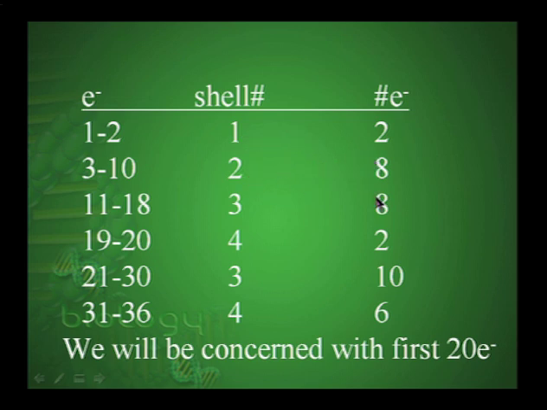The next 8 electrons will fill that inner subshell of the third shell, and then we jump out with 2 to the fourth shell before finishing the rest of that third shell. So we're not generally going to be working with more than 20 electrons, but do notice that the first 18 fill from the inside out. Then we jump out to the fourth shell briefly before finishing off the third shell.